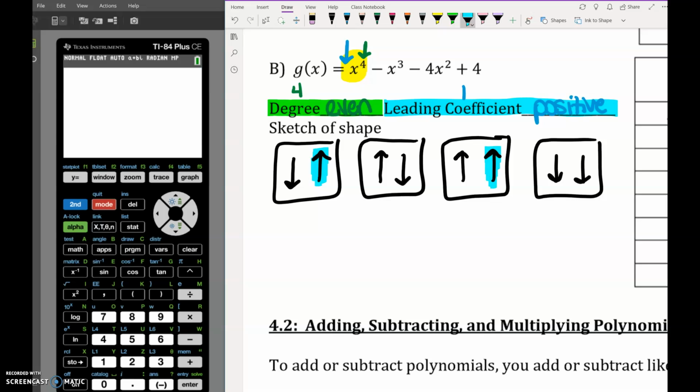So it's either that first picture or the third picture. We now know that it's not that one and it's not that one. An even degree, what does that mean about the other side? Even, same? So it's this one. So we would select this as the correct picture.